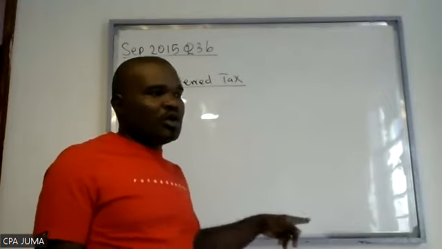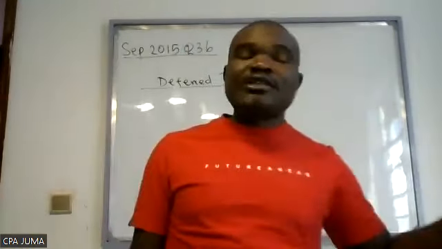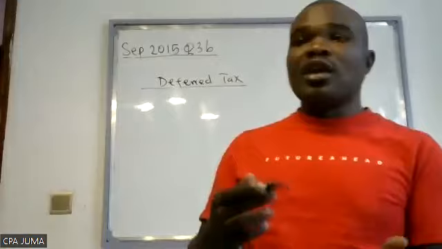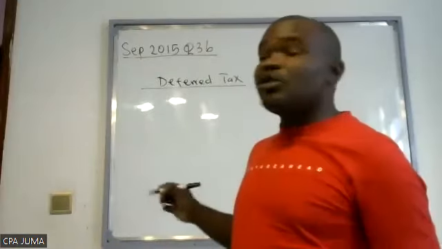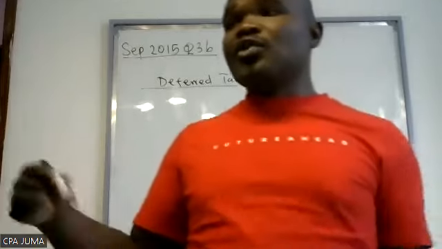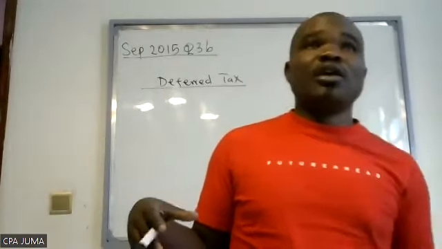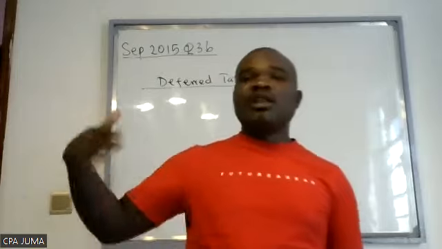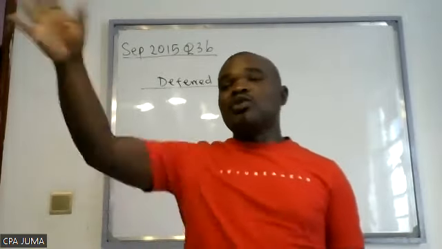So due to some justifiable reasons, you can write to the Commissioner of Domestic Taxes and tell him, we acknowledge a current tax of this amount for the financial year ending 2015. However, due to this and that, we intend to pay the amount in the year 2016. So if that is accepted, then in the books you recognize that one as deferred tax.